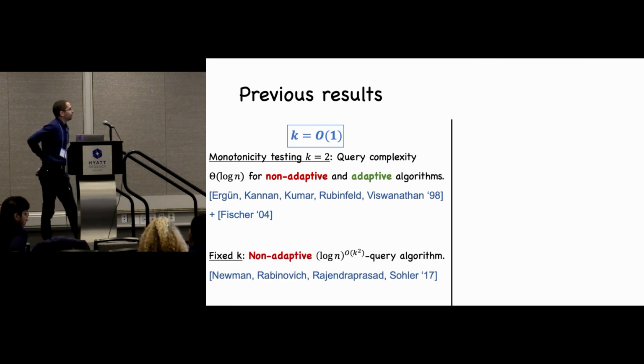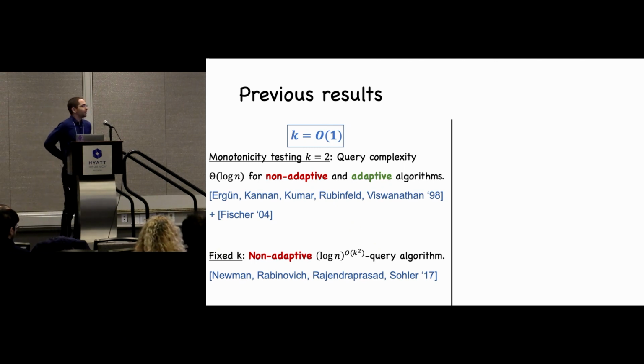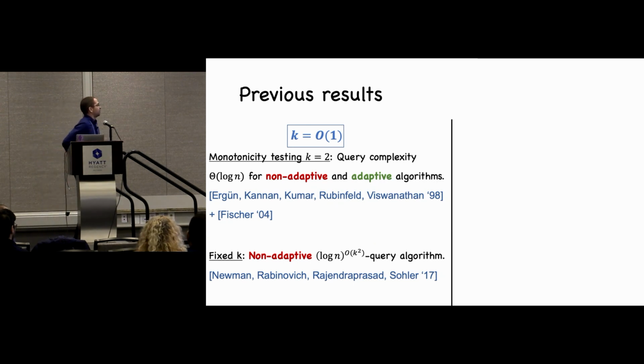And in fact, for any fixed k, there is a polylogarithmic query algorithm for this problem. I won't talk about running time in this talk; running time is at most quadratic in the query complexity. So the query complexity is polylogarithmic in n.